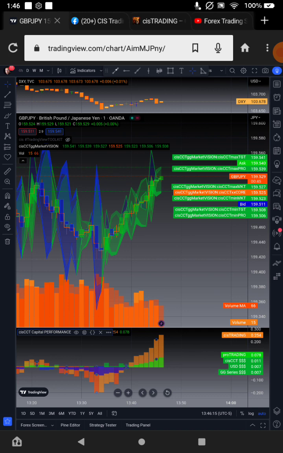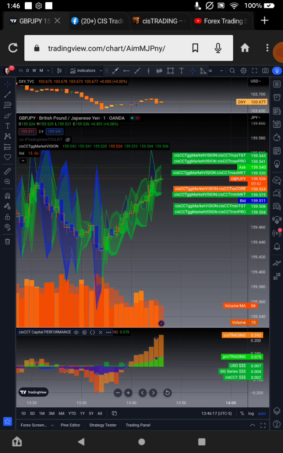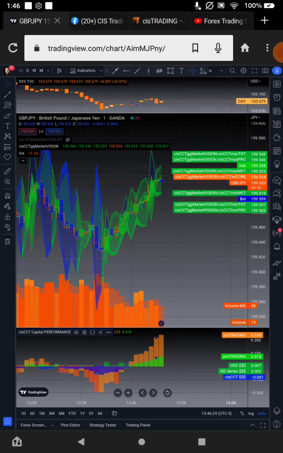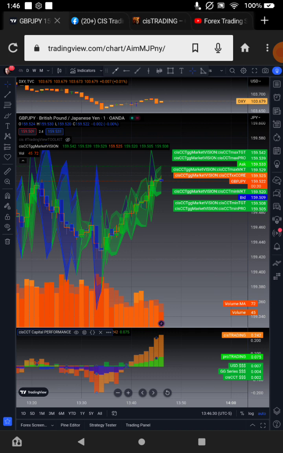But what you can see is you're looking right now at a 3 pip spread as the market vision indicator sort of widened out there, and now that it narrows, it comes back into about 2.5. What you're seeing is a market depth that is hardly even a pip on average.